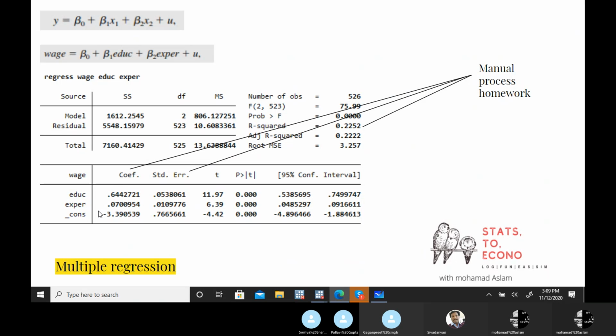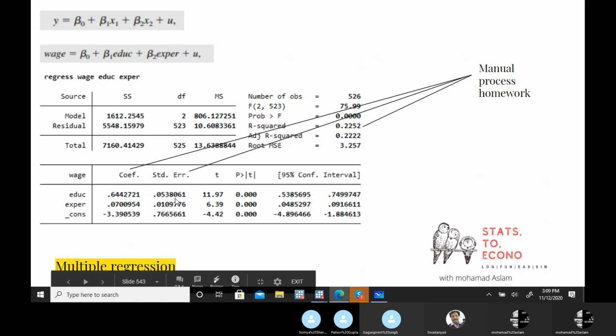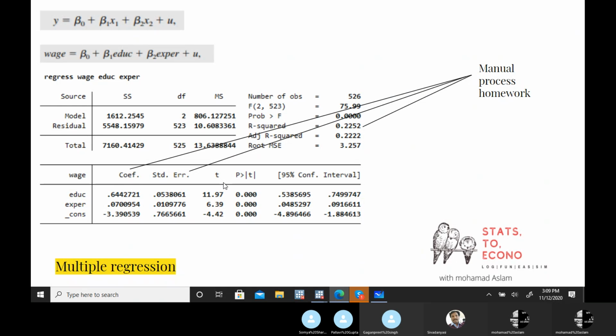So that's very important. Today I'm going to give you this exercise data file. I already shared this wage1 file. From that file, your y variable is wage, education is x1, and experience is x2. Now I'm going to share all the formulas again for the coefficients, standard errors, t, R square, F ratio, and all these values.